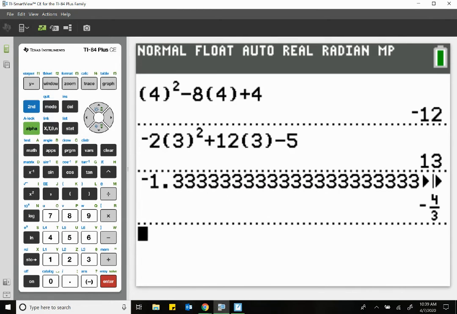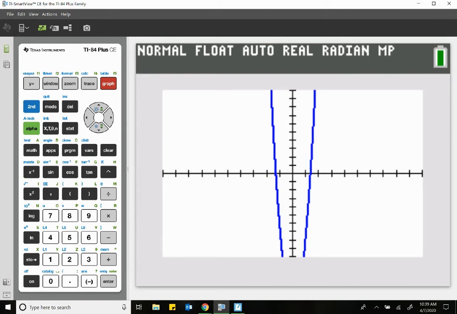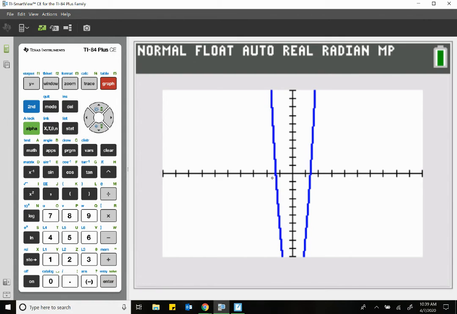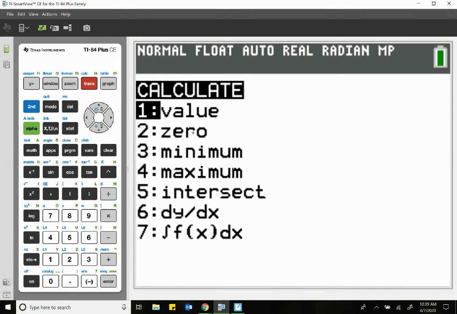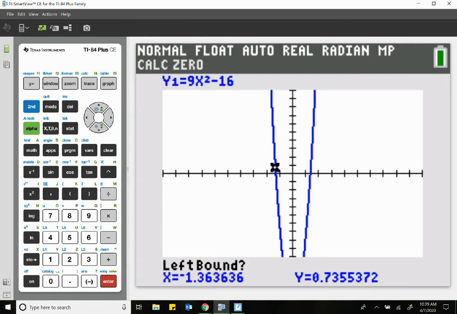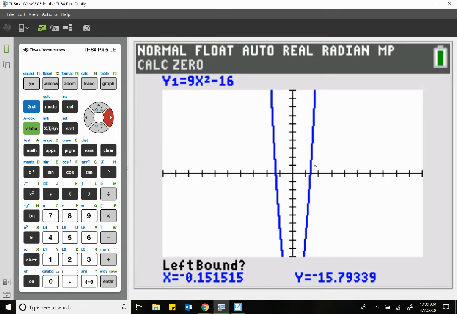See, negative 4/3. So again, how do I find that x-intercept? Second trace, go down to number 2. Zeros are the same thing as x-intercepts. Again, it wants you to be to the left. Let's go find the positive one.